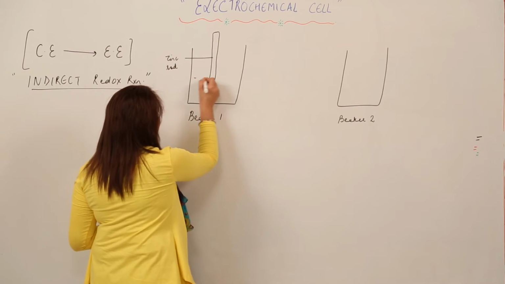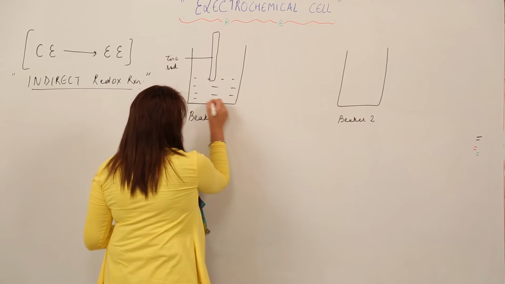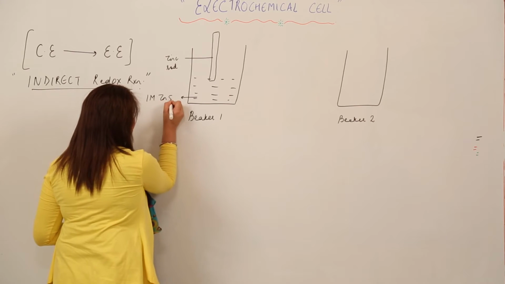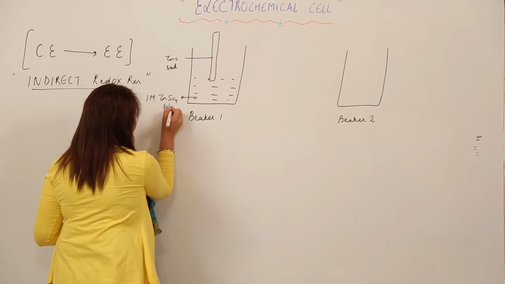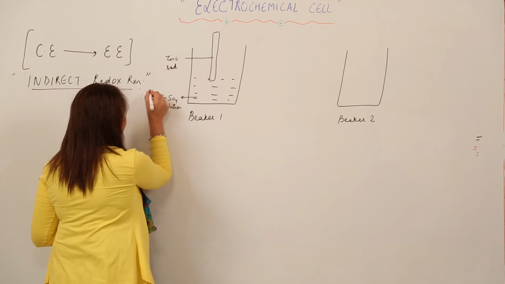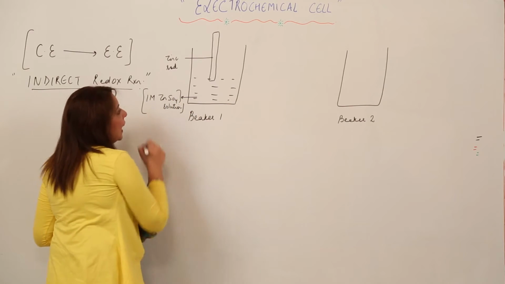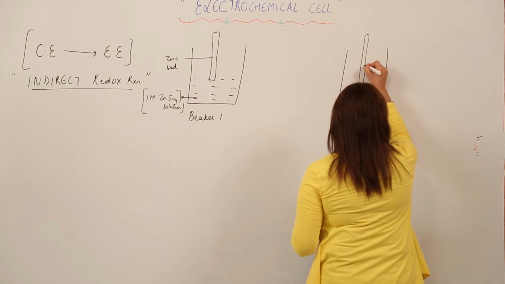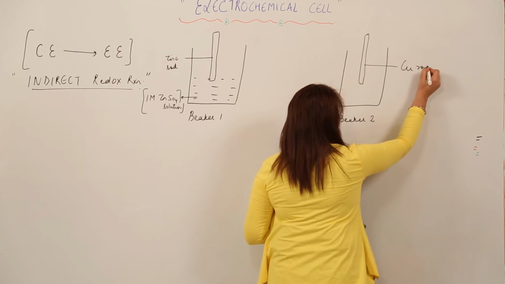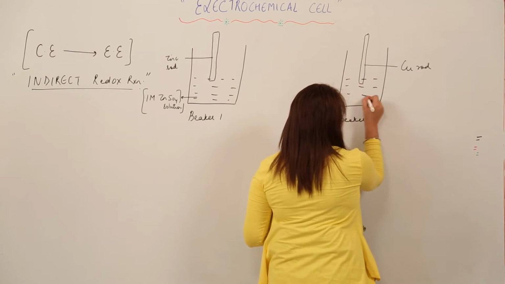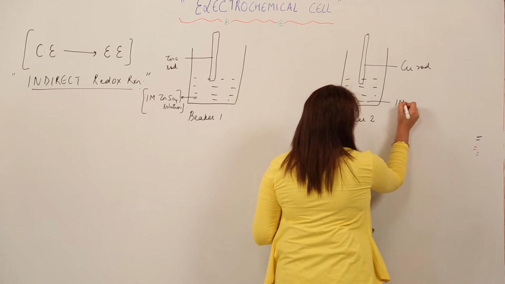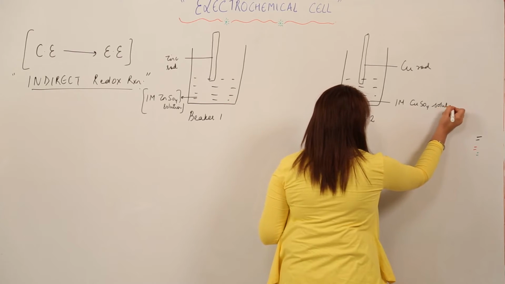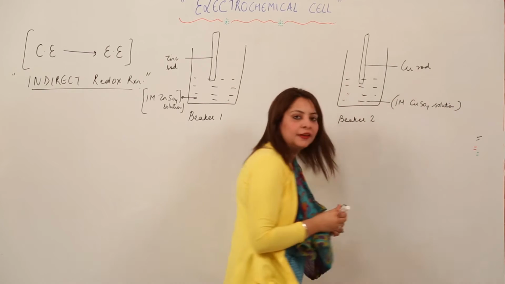We have a zinc rod dipped in 1 molar ZnSO4 solution. And in beaker 2, we have a copper rod dipped in 1 molar copper sulfate solution. Is it okay?